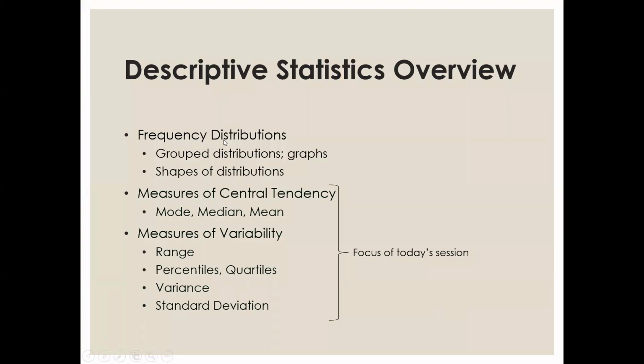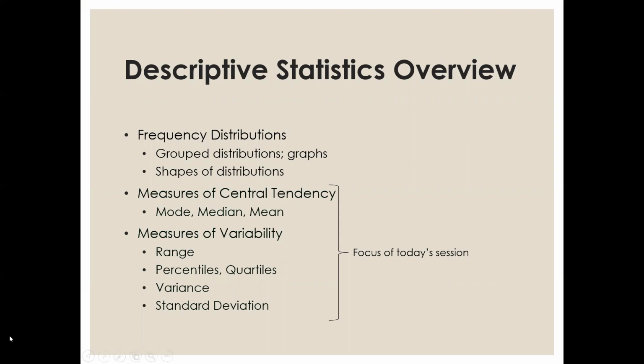Again, last class, we looked at those frequency distributions, remember, ungrouped. We looked at the number of siblings that rural older adults had, and then we grouped them up. We looked at histograms, bar charts, a whole bunch of ways of visually representing data.